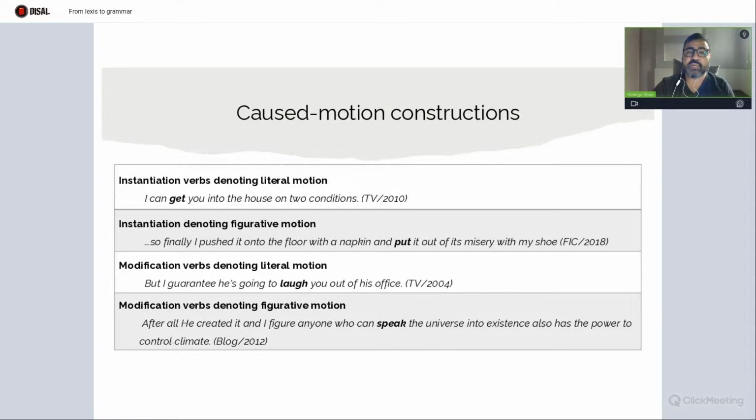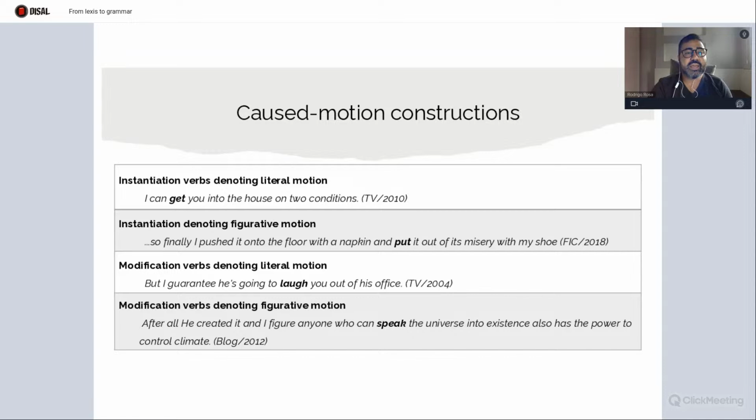And this oblique argument here denotes a literal motion. So it is a verb of instantiation denoting literal motion. I can get you into the house on 2 conditions. I'm literally, physically taking one person from one position to another.